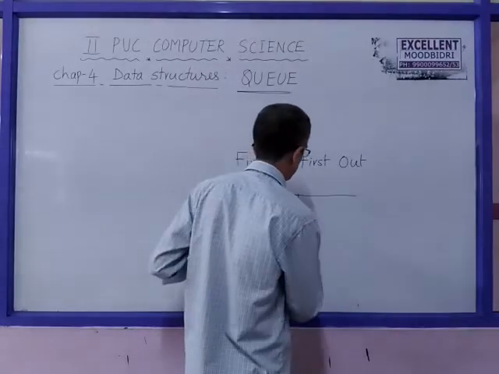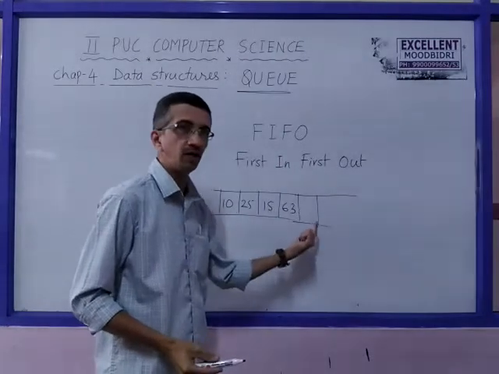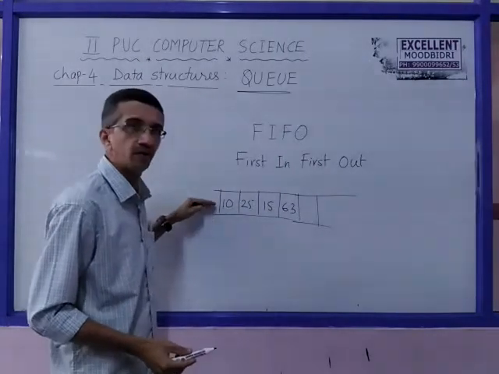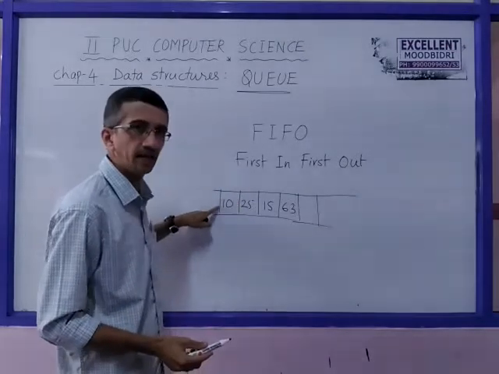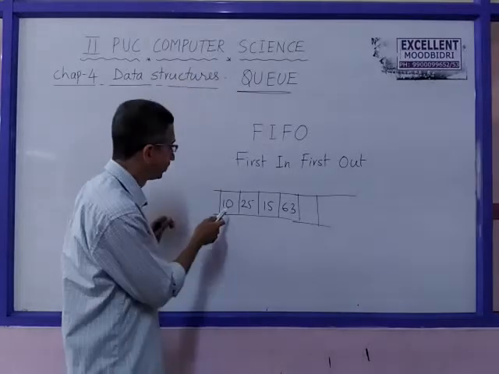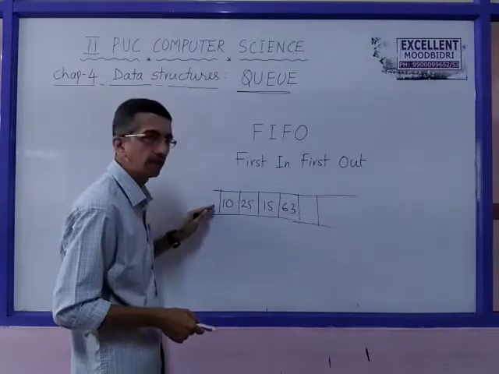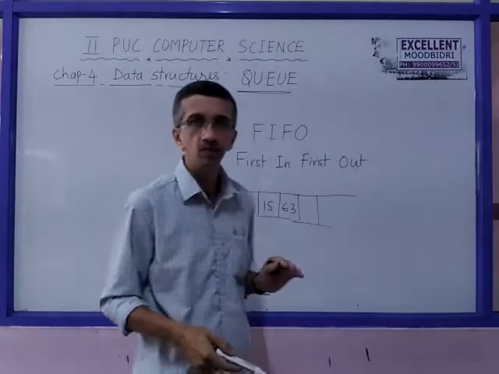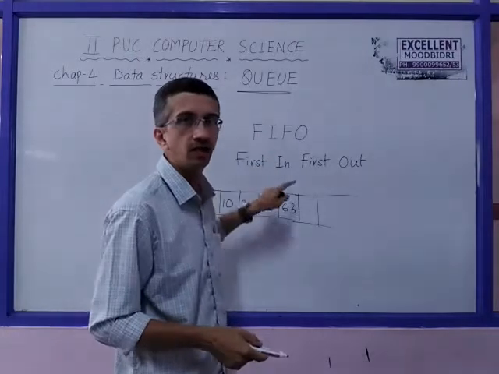So a new item can join at this place, and the item at the head of the queue, 10, has arrived first into the queue. So it has to be removed, right? These others are not removed. The item at the front will be removed first. So the total principle of operation is first in, first out.